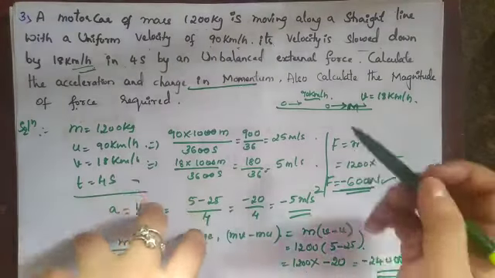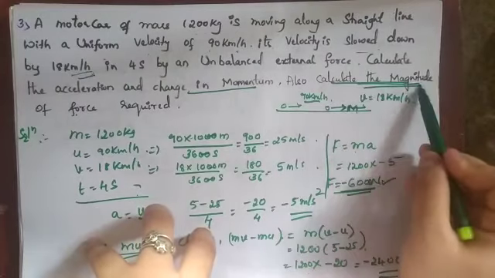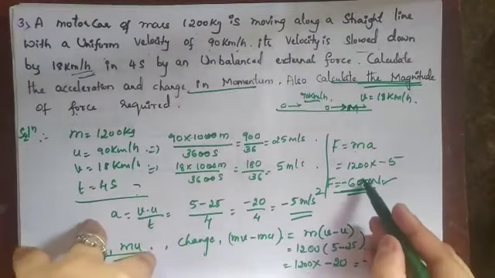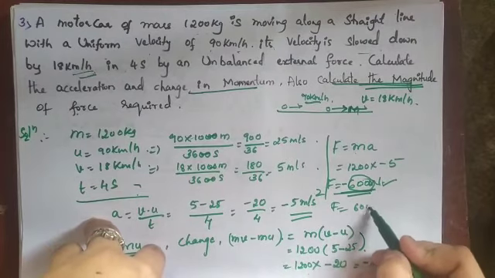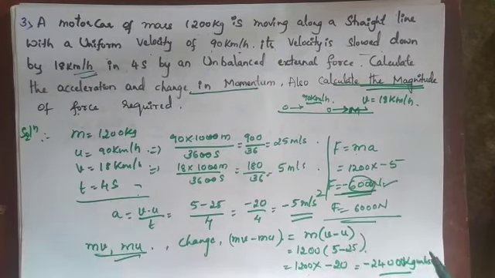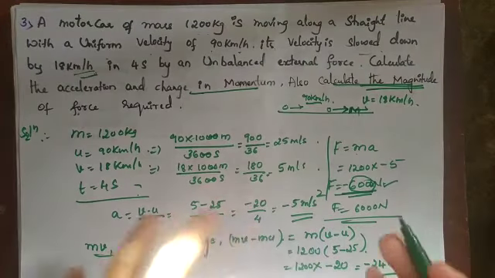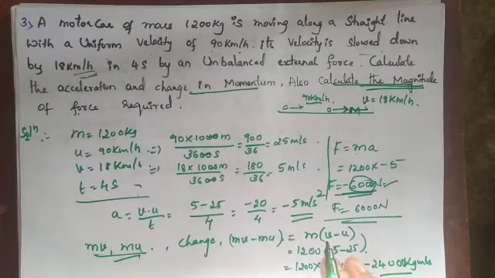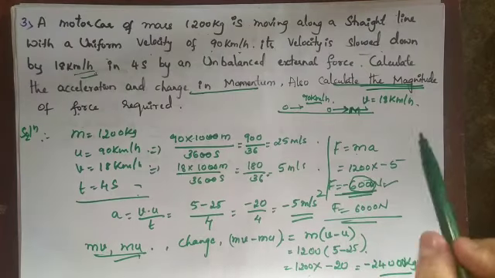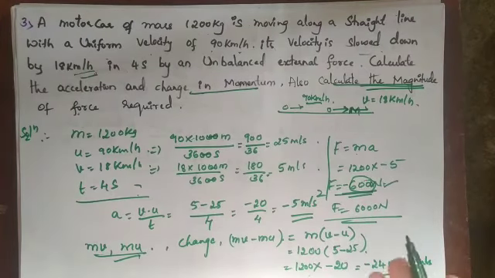But here they are asking about the magnitude, which means they only want the value: force is equal to 6000 Newton. If you have not mentioned negative or the opposite direction in the conclusion, the answer you have written is still correct. If they ask exactly about the magnitude, there is no need to explain the opposite direction. If you want, you can say it.